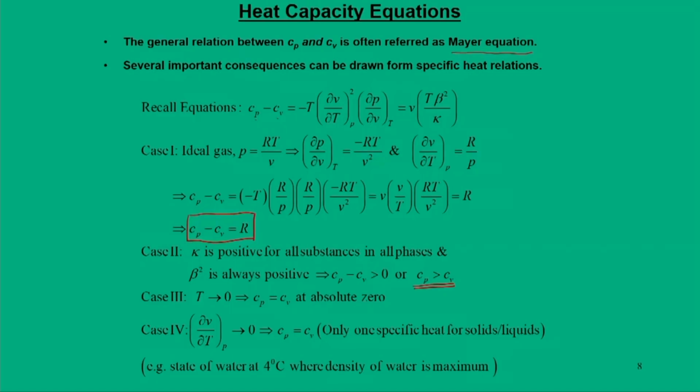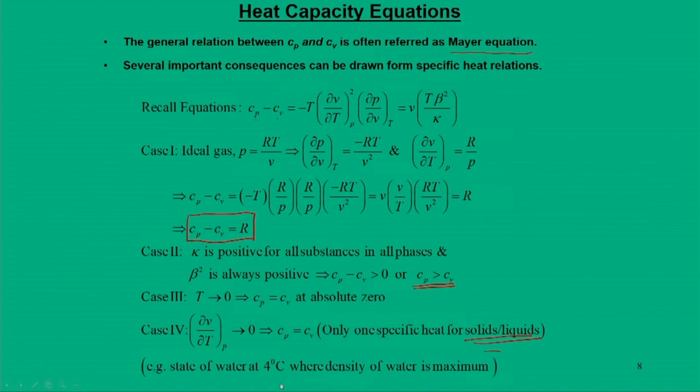And the last important inference we can say is that when dV by dT at constant P goes to 0, then only Cp will be equal to Cv, and this relation is true. dV by dT at constant P goes to 0 for solids and liquids, and because of this reason we say Cp is equal to Cv.